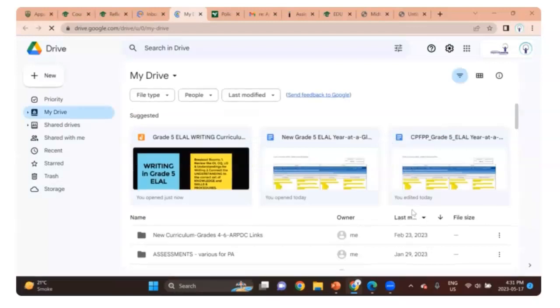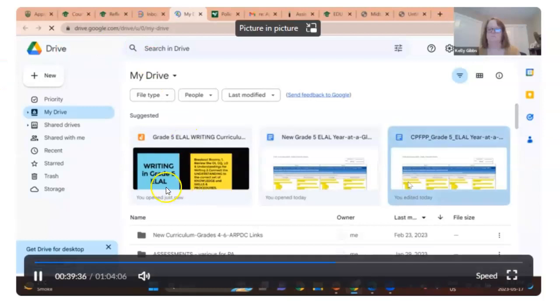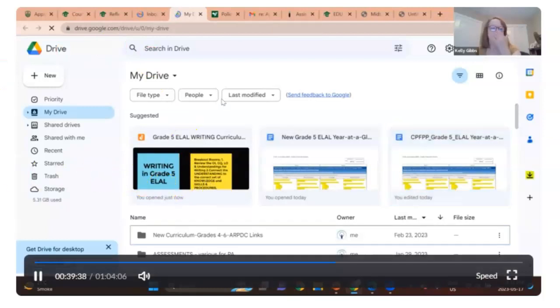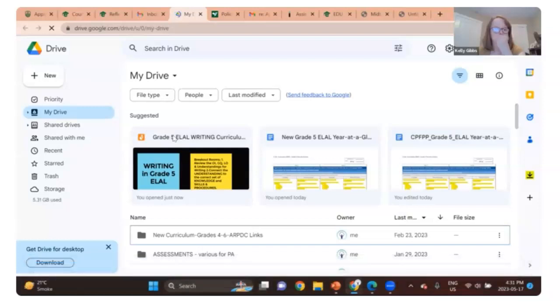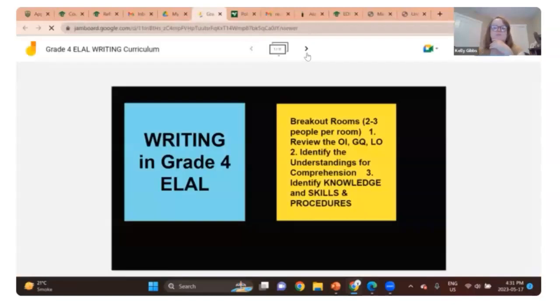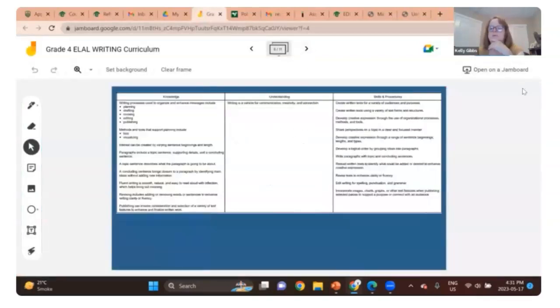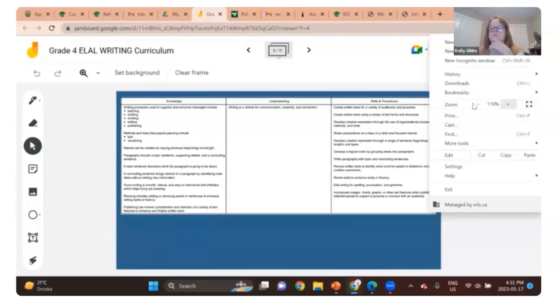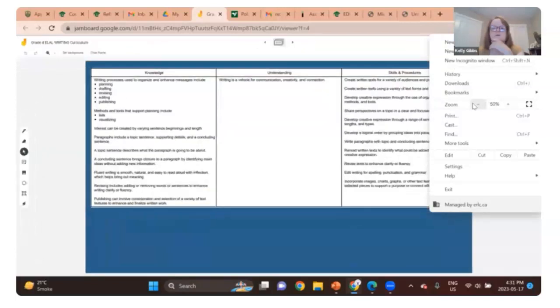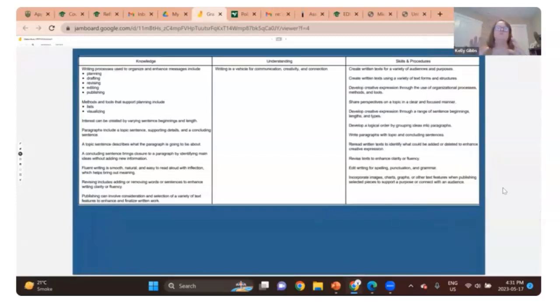Hang on, my screen just did something weird. Okay, so here's the grade 4. We didn't do the same thing, so it's going to look a little bit different. And I'm going to make this. Okay, hopefully that's a little more readable. It's a little hard, I'm sure, for you to read as a screen share.